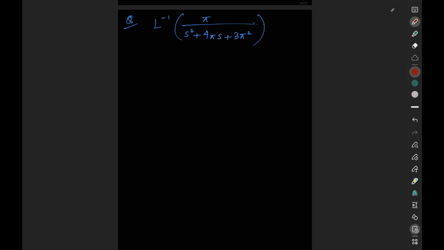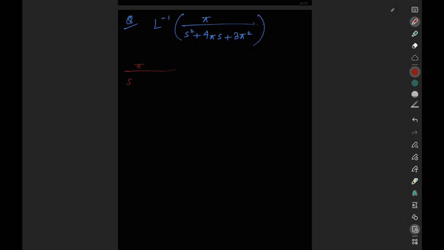Next question is, we have to find the Laplace inverse of pi upon (s square plus 4 pi s plus 3 pi square). So here our motive should be to reduce the denominator term as a perfect square. So let's try to do that.